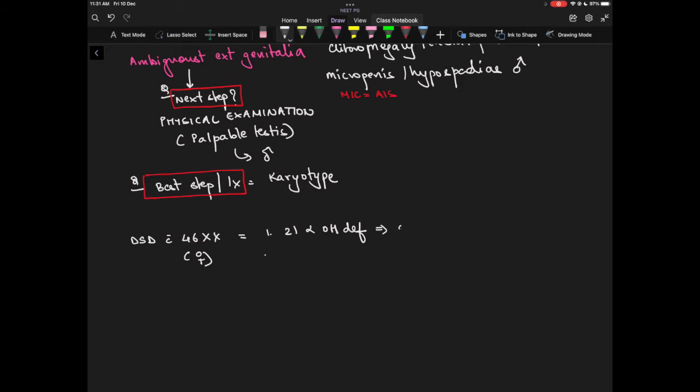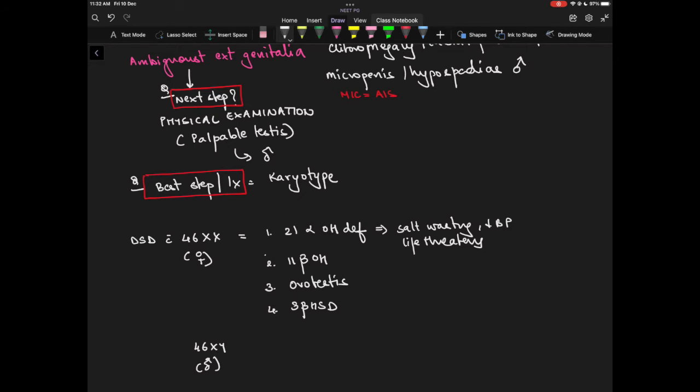Then there will be mineralocorticoid deficiency, causing salt wasting and low BP, and it is a life-threatening condition and needs to be managed. Second is 11 beta hydroxylase deficiency, and third can be ovotestes because we saw that the most common karyotype was 46XX. Finally, 3 beta HSD can also lead to 46XX.